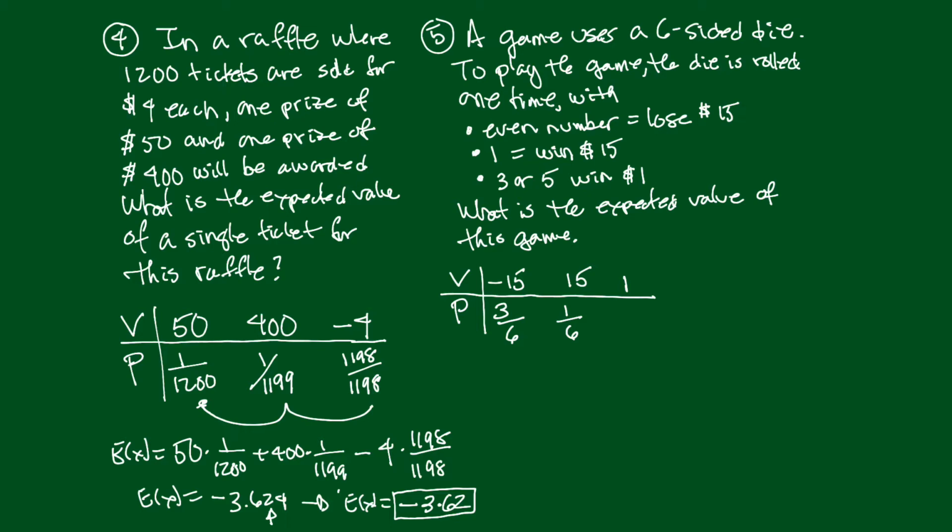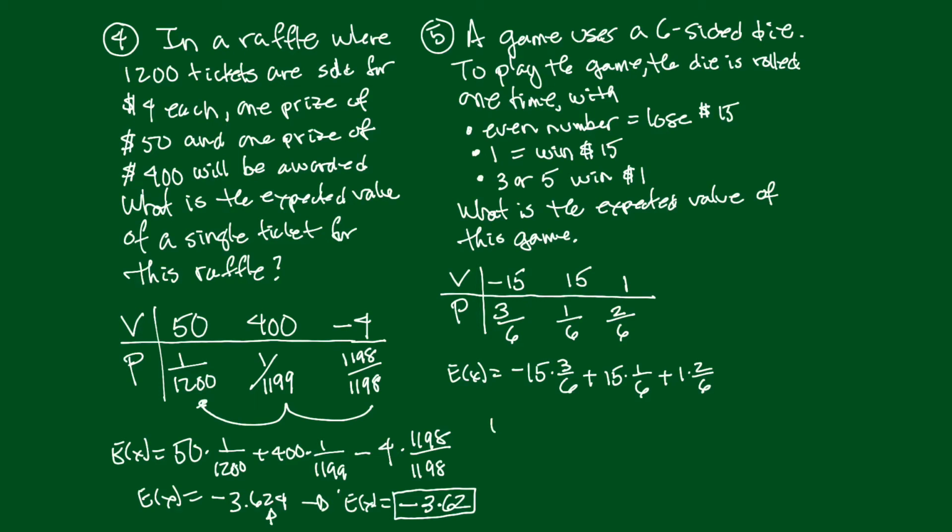And what about that $1? Well, you get that if a 3 or 5 comes up. So there's 2 chances there, a 3 or 5, 2 chances out of those 6. So the expected value is the value, negative 15 times the probability, plus the value, 15 times the probability, plus the value times the probability.